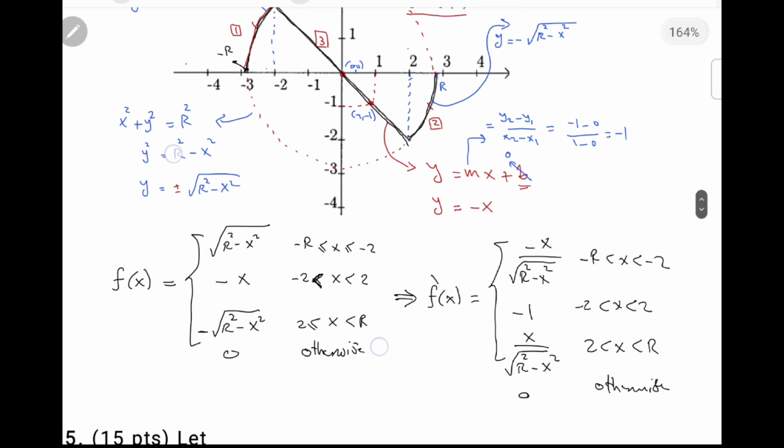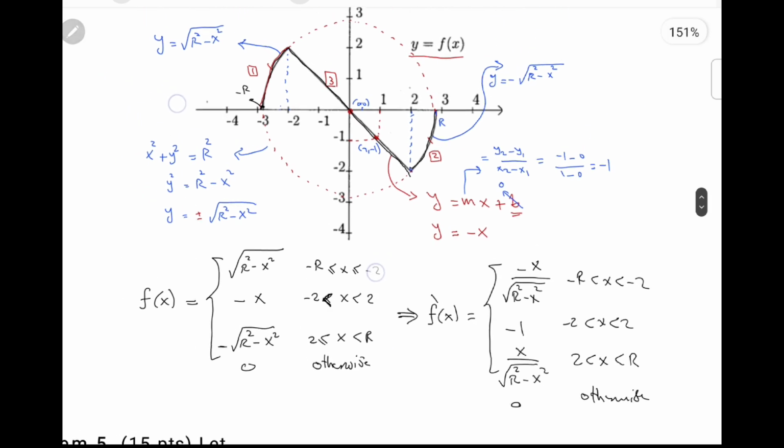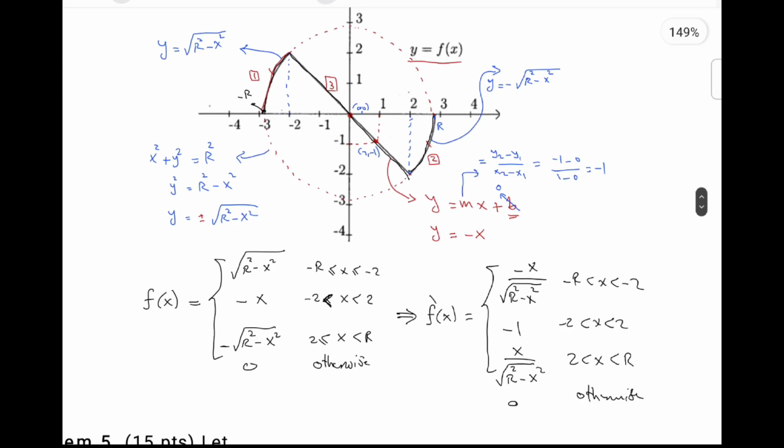So how do we sketch that? Between minus 2 and 2 it is minus 1, so I'll make this a little bit bolder.